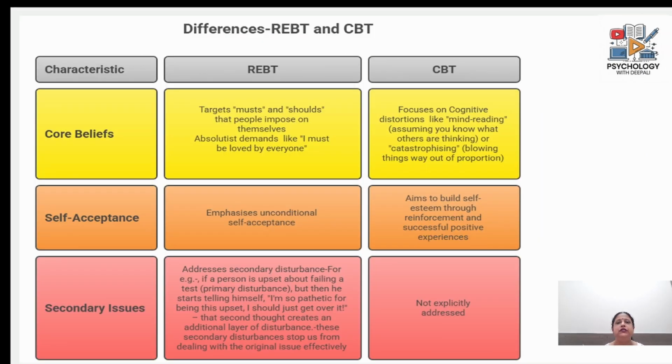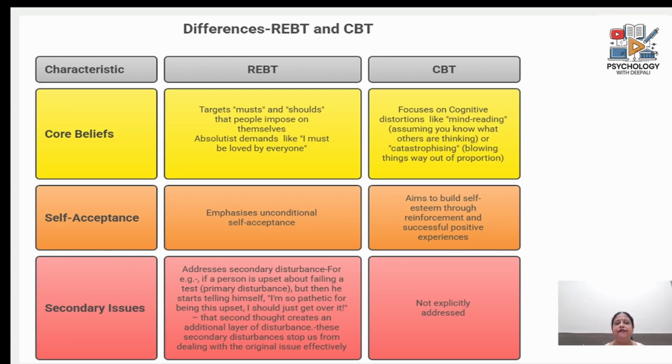So, what are the differences between REBT and CBT? In terms of the core beliefs, which are there in both of these therapies, REBT targets the musts and the shoulds that people impose on themselves. It also handles the absolutist demands which people have, like I must be loved by everyone. In CBT, the focus is on cognitive distortions like mind reading, assuming that you know what others are thinking about me, or catastrophizing, blowing things out of proportion.